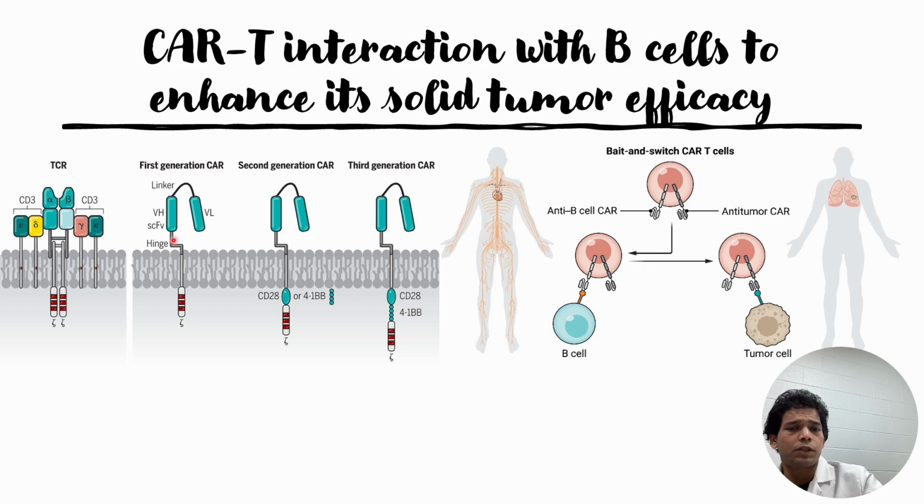It has this hinge to connect to the transmembrane domain, and it has this intracellular domain, CD3 zeta, which is used to activate the T cells. So this is the first generation CAR.